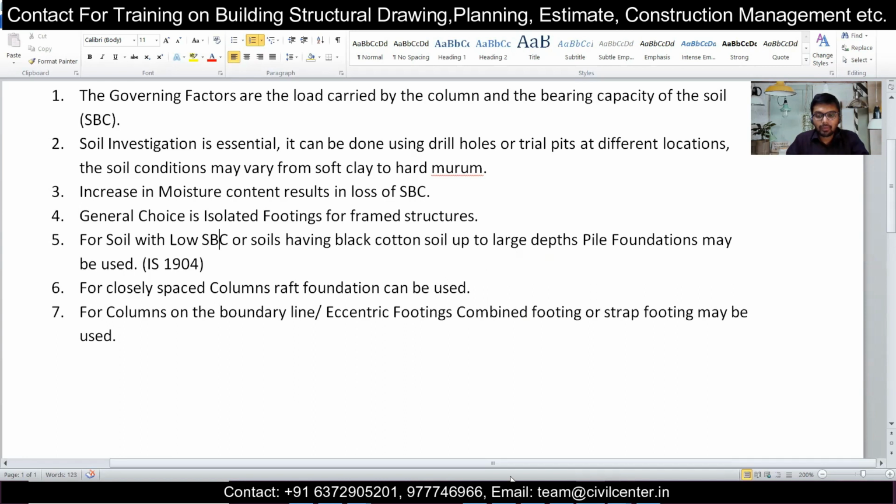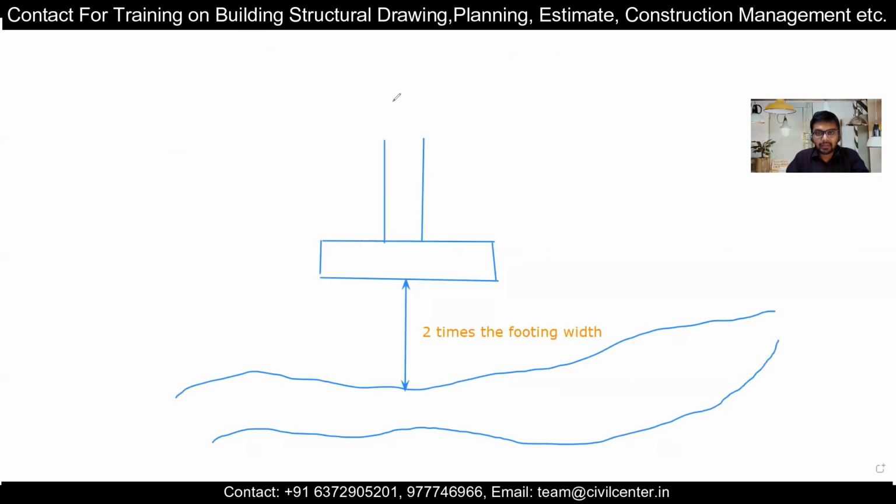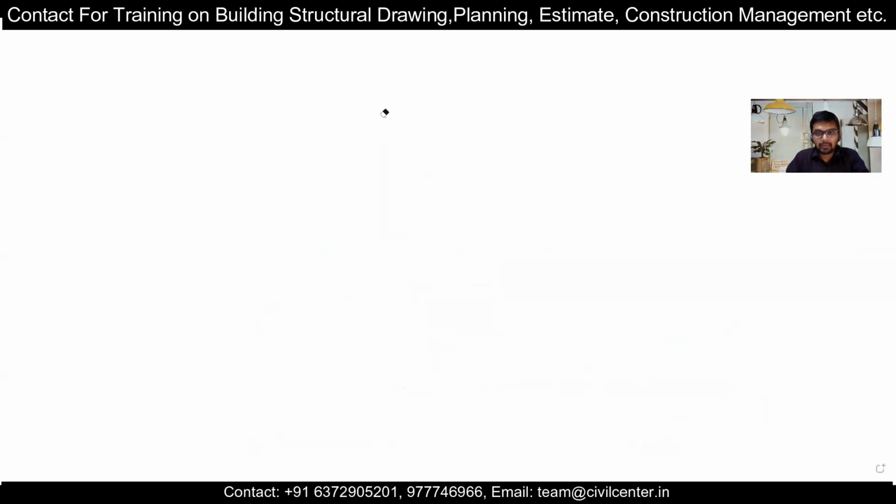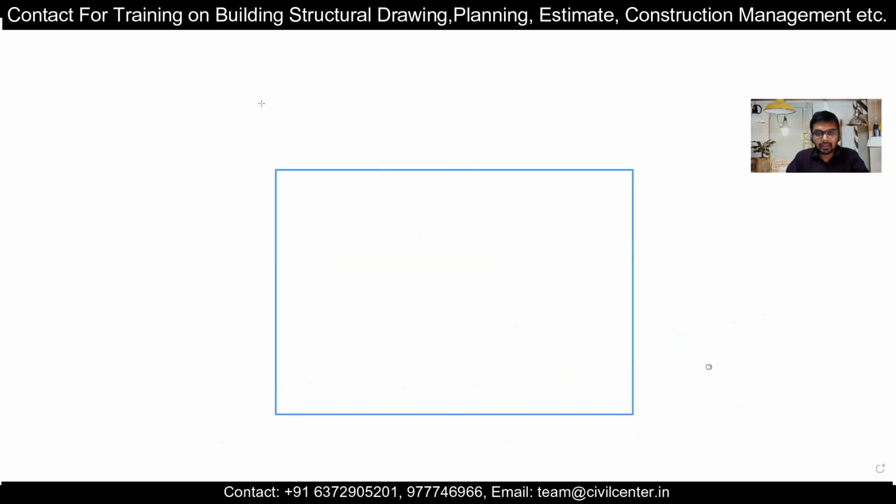So we all know about our raft footing. In raft footings, as you can see, I'm just making the raft footing. Suppose we have a rectangle, seen from the plan view, and this is a particular raft slab. We have several columns here, at the places where we need them, not footings.